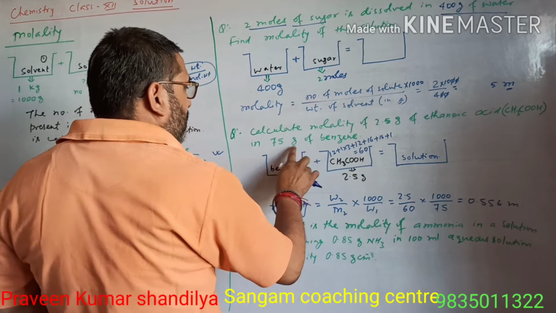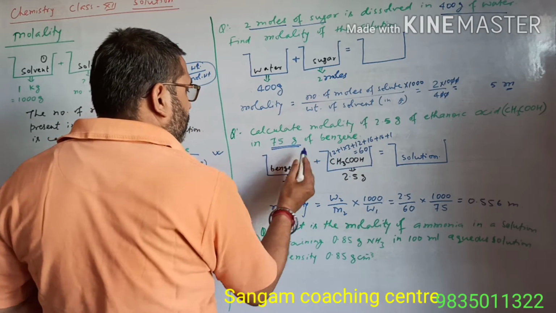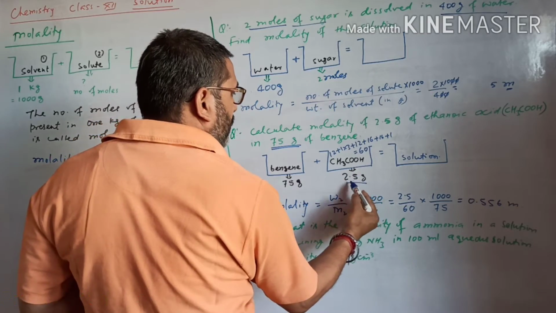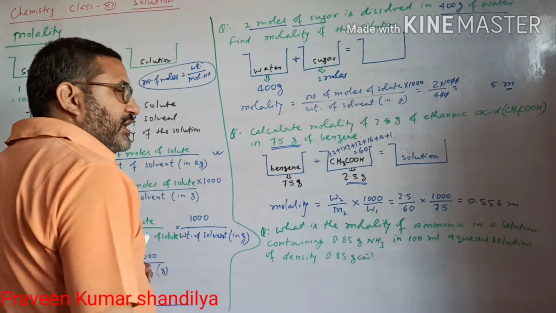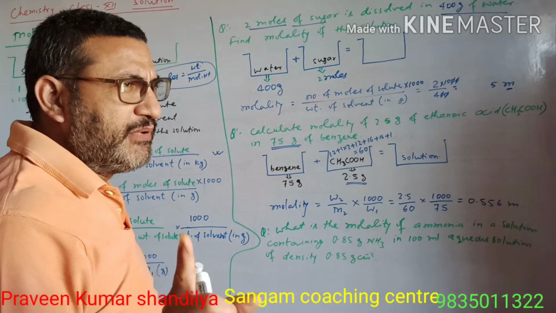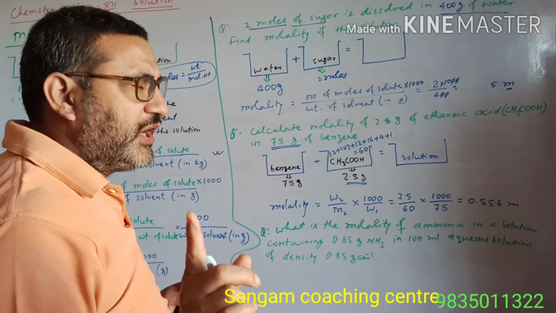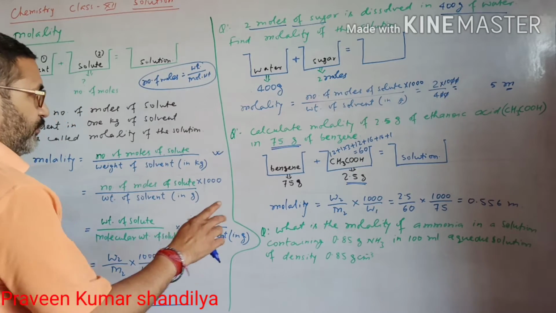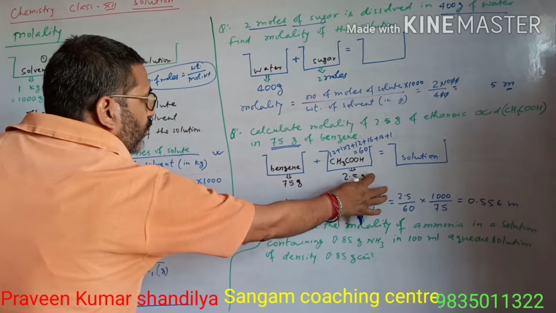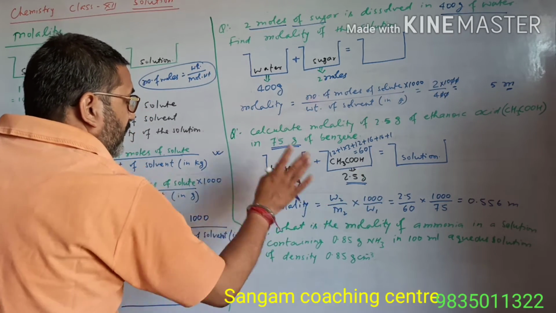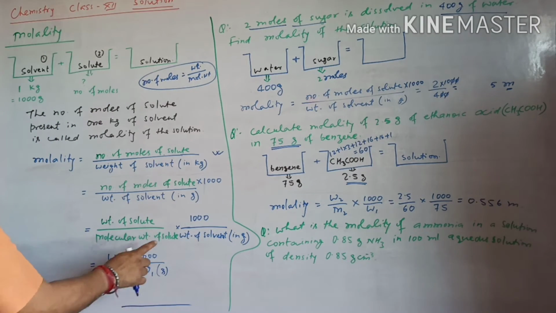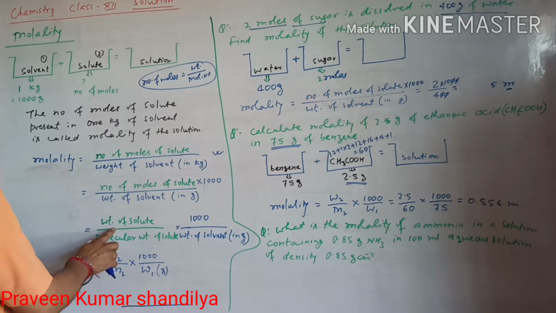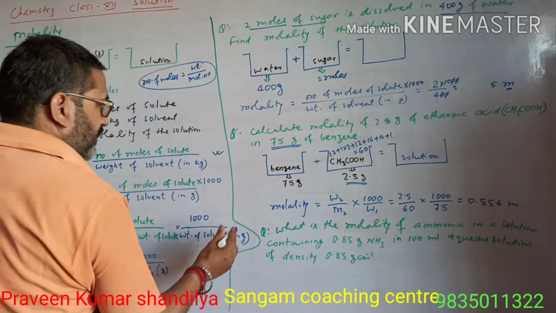The amount of benzene is 75 gram and ethanoic acid is 2.5 gram. Which formula? We have to see in which formula solute and solvent both are in gram. Thus, this formula can be applied.